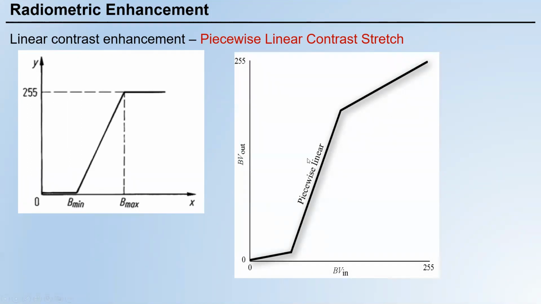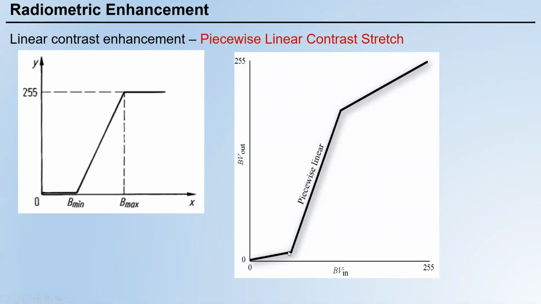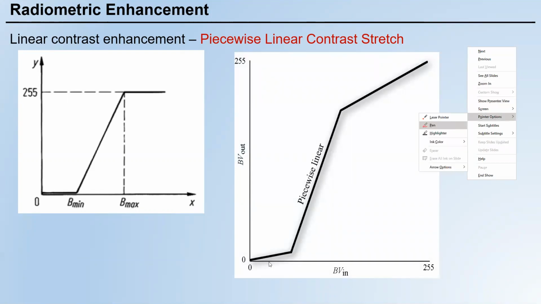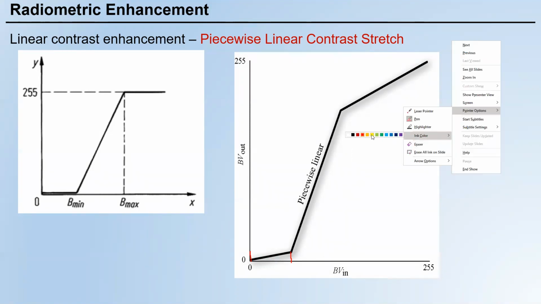And similarly, some other pixels within this range, let's get back a little bit, from here to here. Let me draw it. Okay, from 0. So these two red lines, they are boundaries for pixels that are enhanced by the first segment. Okay, and then let me change the color of the pen.